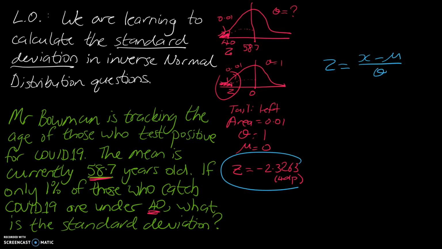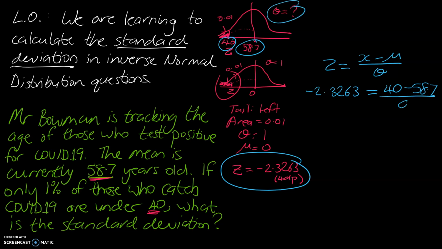So we know the z, we've just calculated that, so the z value, negative 2.3263, that is going to be equal to the x value, which is 40, minus the mean, which is 58.7, and all of that gets divided by the standard deviation. But we don't know what that is, so we're going to leave our standard deviation symbol.